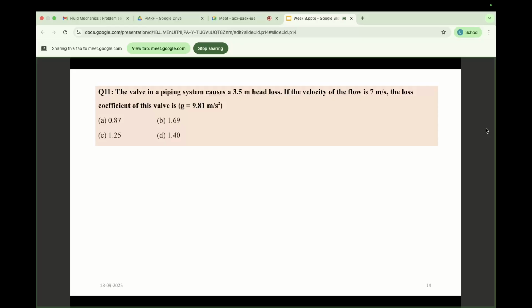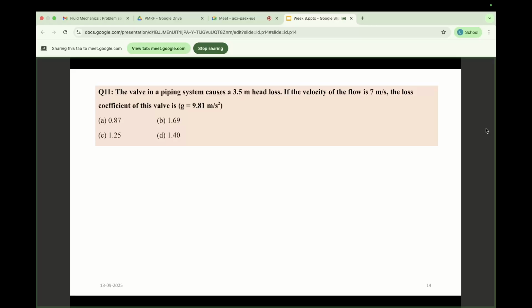Here it is said that a valve in a piping system causes 3.5 meter head loss, and the velocity of the flow is 7 meter per second. What is the loss coefficient of this valve? As I have told, suppose we talk about two pipes: first a bigger pipe and then a small pipe.